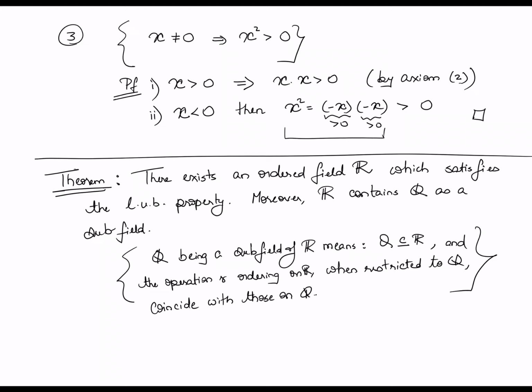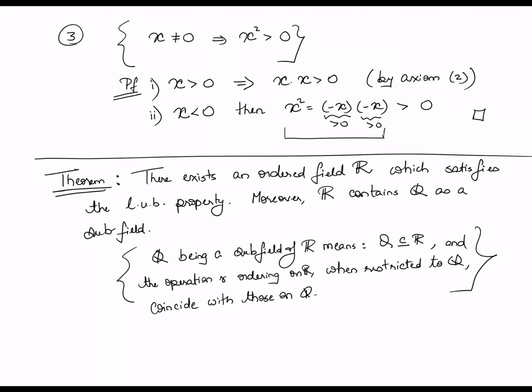I construct R by essentially defining a bunch of elements which I will add to Q, right? Those elements are, as we expect, the irrational numbers, right? So I add the irrational numbers to Q to define this extended set R, which it turns out is an ordered field, which does in fact satisfy the least upper bound property.